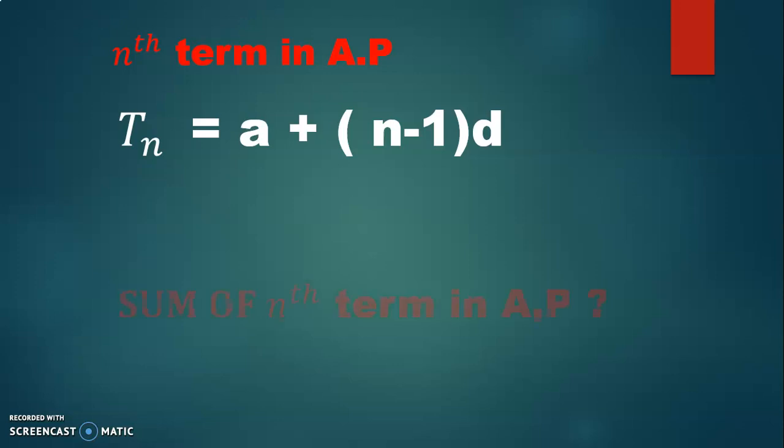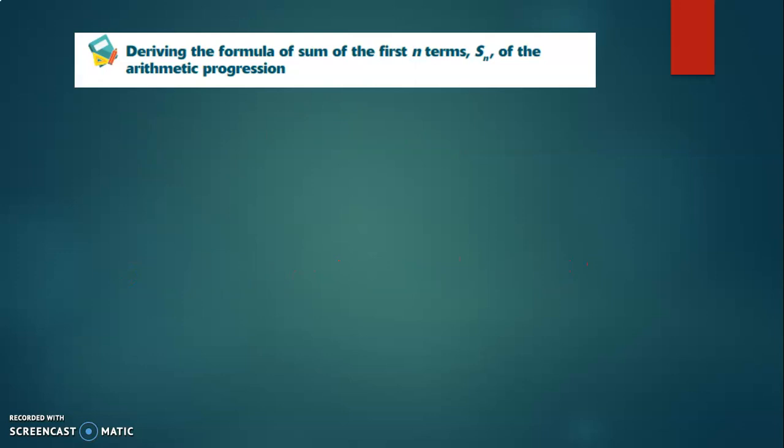So 现在我们要看的是 sum of the first n terms in the AP，就是说全部加起来是多少？Let's say S3，就是 sum of the first 3 terms，加起来要怎么样算呢？我们就需要 derive the formula of the sum of the n terms, Sn, of the AP.